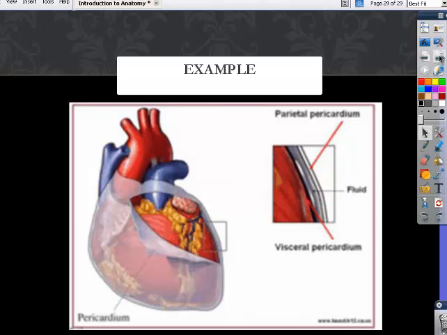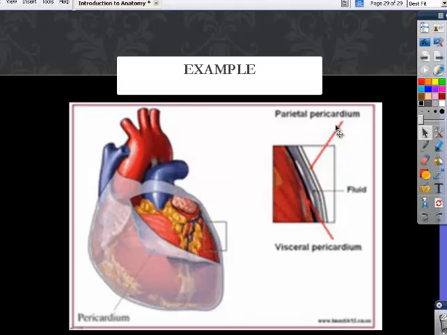I gave an example of a picture. So we have our heart up here, and surrounding our heart we have our pericardium membrane. It kind of almost looks like a plastic baggie around the heart. I know the picture's a little blurry, but if you zoom in, the outside of this membrane is what we call, of course, the parietal pericardium, which is what this picture is showing here.